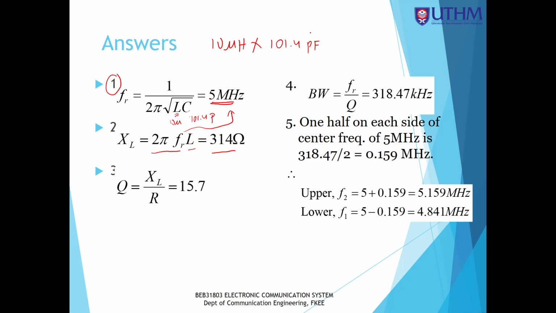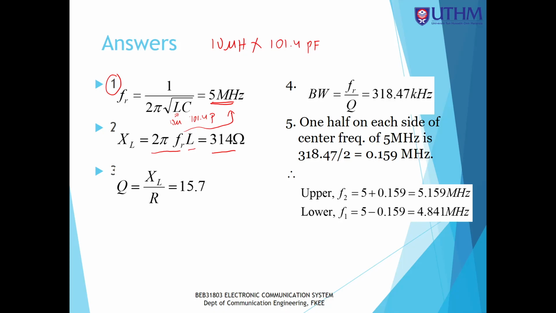You multiply both of these first. I get 1.014 times 10 to the power of minus 15, and then I take the square root of the answer.